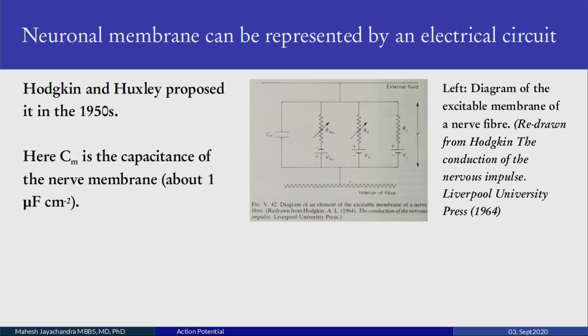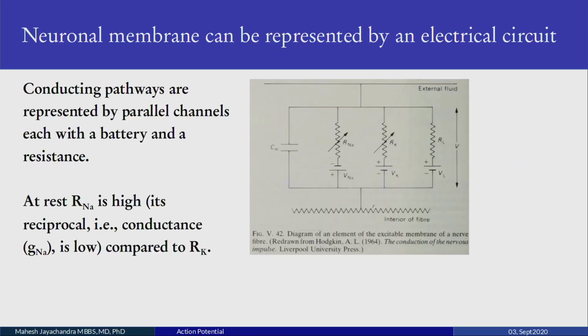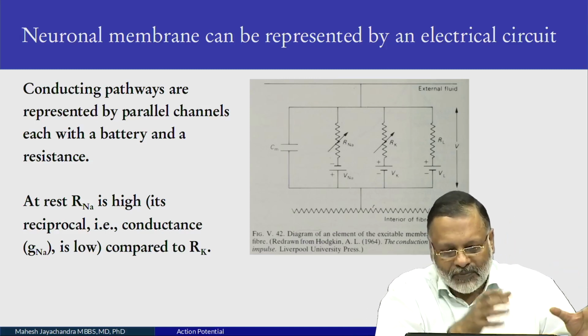You also have an R leak, a small conductance, because it's not a perfect compartment, so things keep leaking out and there will be a small potential due to that. The conducting pathways, besides the capacitance, are represented by parallel channels, because in the phospholipid membrane you have sodium channels and potassium channels.